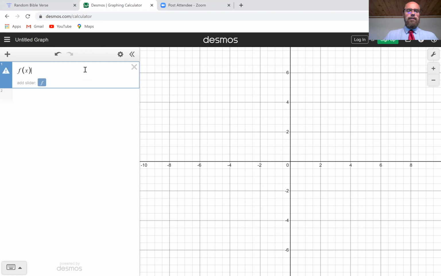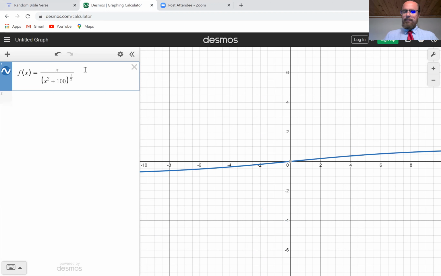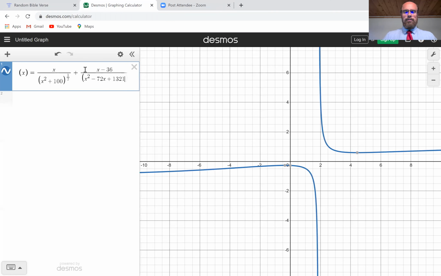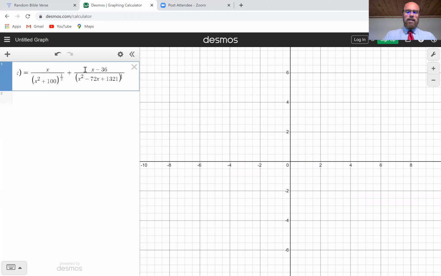It's a distance function, so f of x is the derivative of the distance function. So it's x over x squared plus 100 to the power of 1/2 plus, in the numerator, x minus 36 over x squared minus 72x plus 1321 to the power of 1/2.